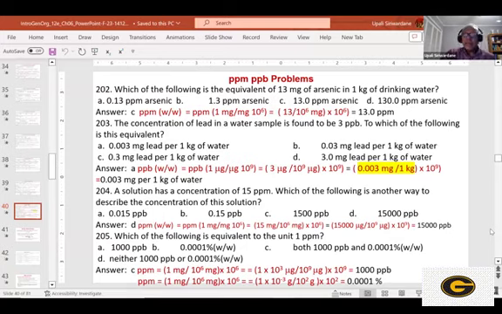Normally ppm and ppb is similar to percent concentration calculation. But you multiply it by 10 to the 6 in ppm, 10 to the 9 in ppb. So there are examples given here.